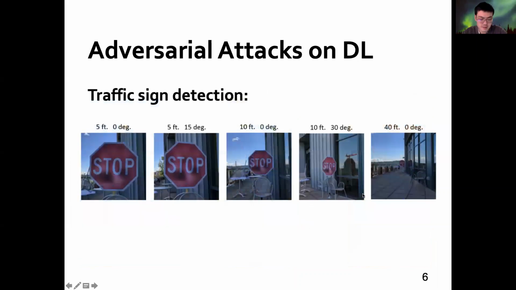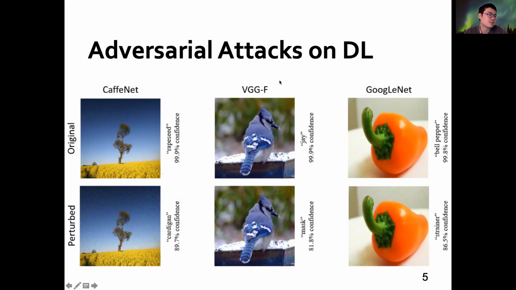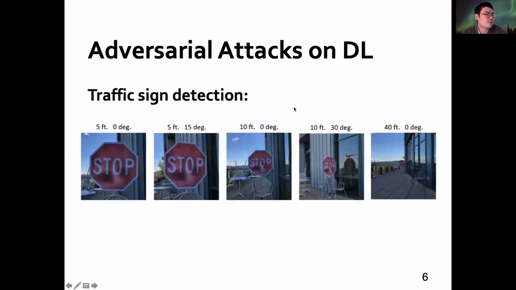So these are attacks. Why is this problem important? Maybe for images, it's just for play. It's not a serious problem anyway. But if you think about traffic sign detection, whether it's a stop sign or not, and where the stop sign is, detection means not only what it is, but also where it is.